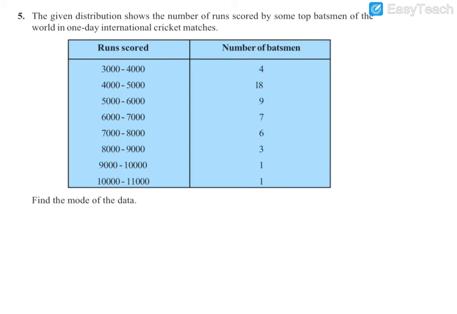The first step is to find the modal class. Modal class is the class which has highest frequency. The highest frequency is 18 and corresponding to this frequency the class interval is 4000 to 5000. So this is the modal class. Now we have to mark the frequencies F0, F1 and F2.